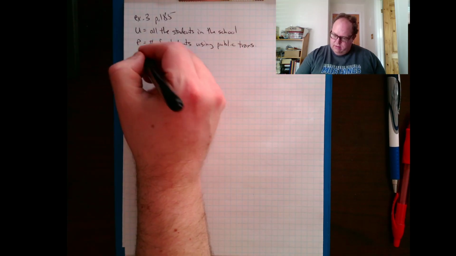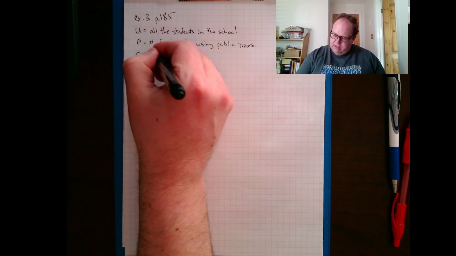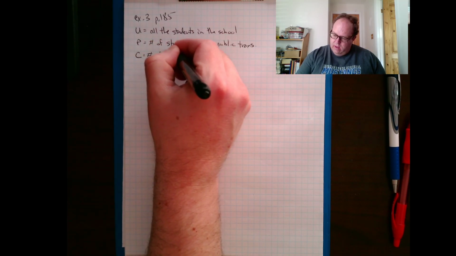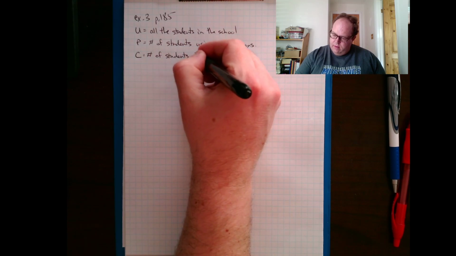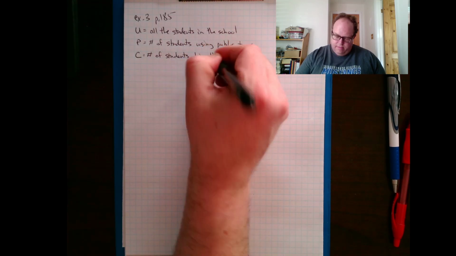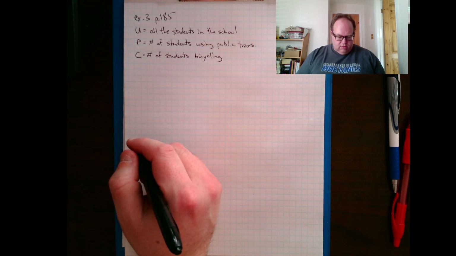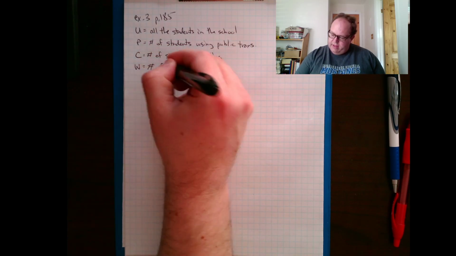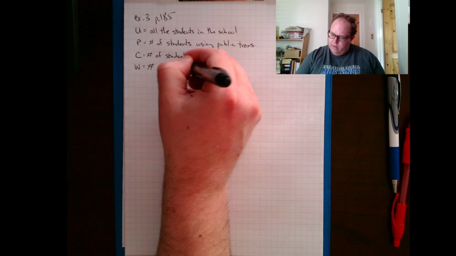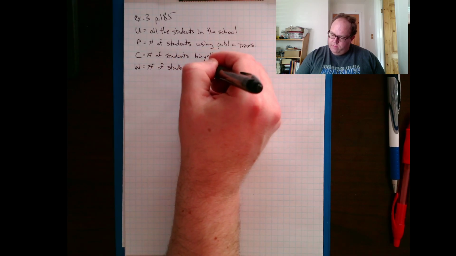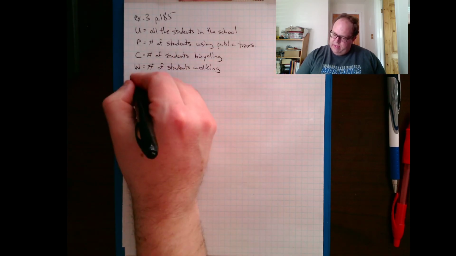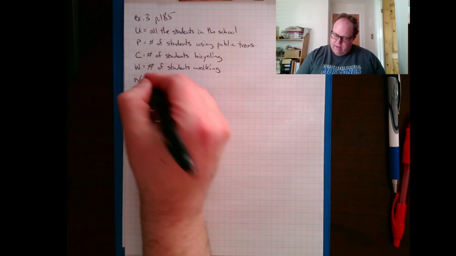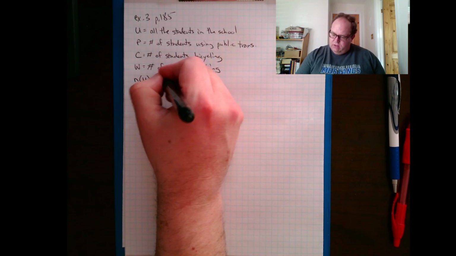I'm going to let C be the number of students bicycling. And W be the number of students walking. We're told right off that the universal set has 750 students.